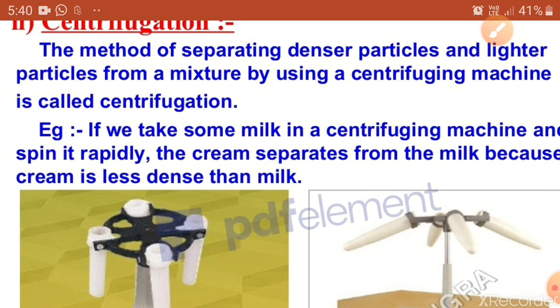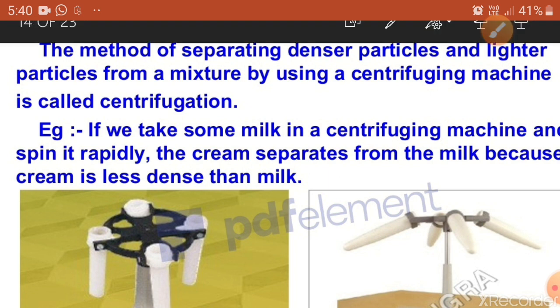One more thing which is not written here: sometimes there are solid particles in a liquid and you have to separate them. What we do is we use the filtration process. We keep a filter paper in a funnel and we pour that solution.